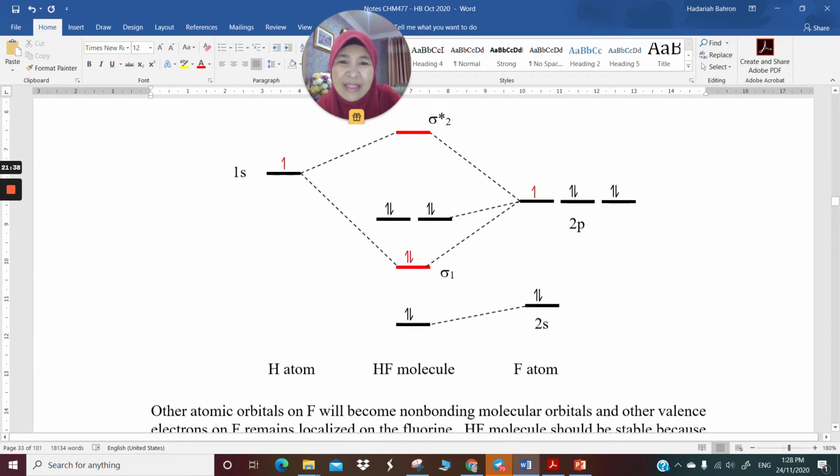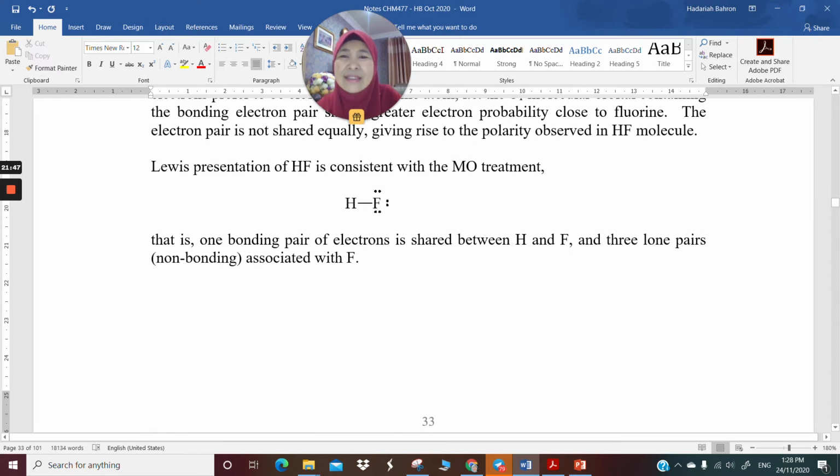Because this is low in energy, it is very close to the fluorine. It is not very close to the hydrogen. So the Lewis representation of hydrogen fluoride is consistent with the molecular orbital treatment, this drawing.